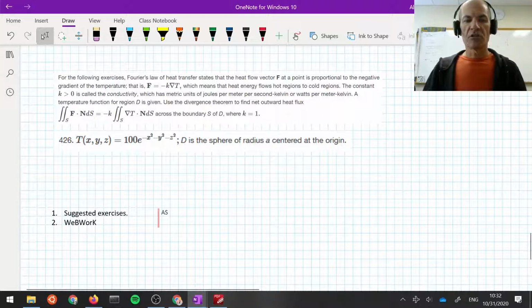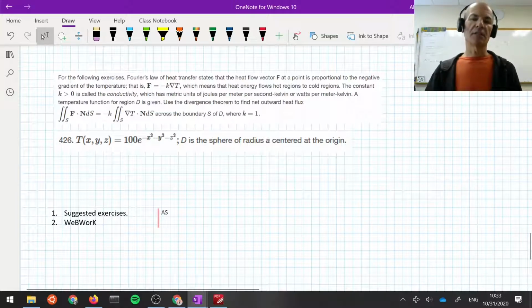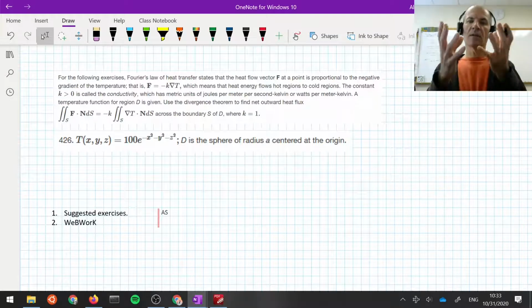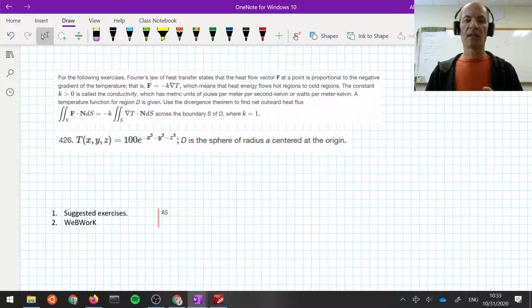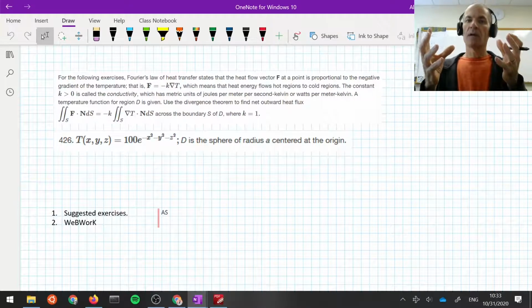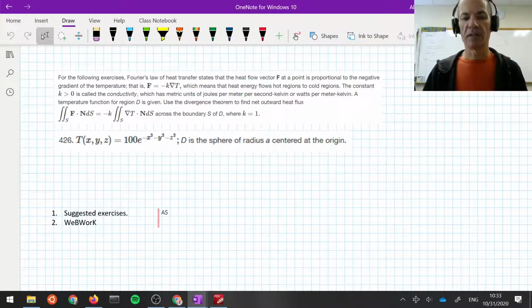The constant is just called the conductivity, and the higher the constant is, the more quickly the heat will flow in this medium. It depends on the particular material in which the heat is flowing. If heat is flowing in metal, we can expect the conductivity to be quite high, but heat flowing in a block of wood, we would expect the conductivity to be very low.